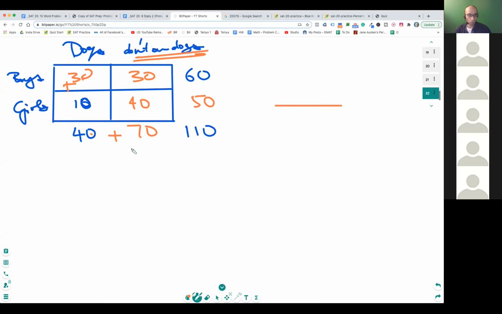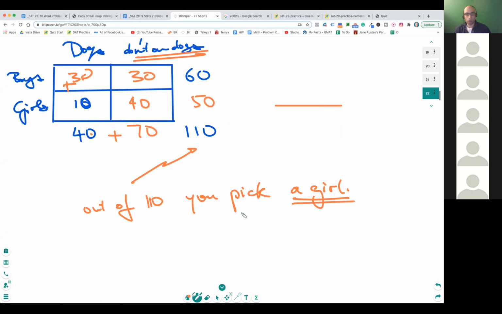Let's say you have 110 people in the classroom, or in a place, and out of that, what is the probability that you pick a girl? Nothing about dogs, nothing about anybody.